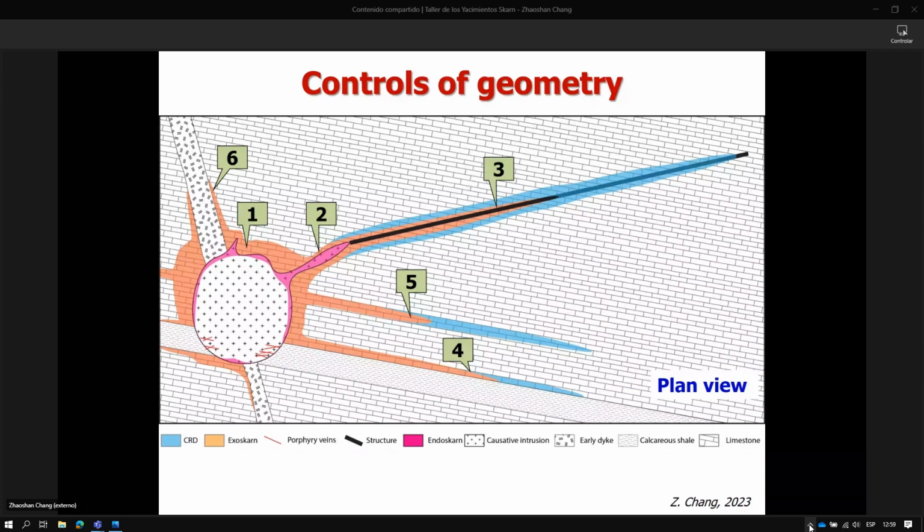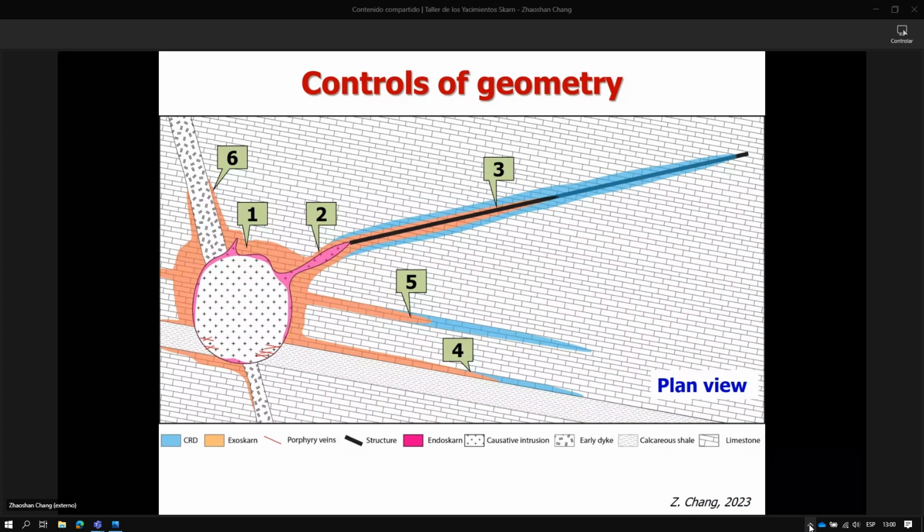It's actually along an older intrusion, at the boundary of the older intrusion. The reason for that is, remember when we talked about secondary permeability: when we have contact metamorphism, if the limestone is dirty, with clay or with chert nodules, you get secondary permeability. If the limestone is pure, this doesn't work.